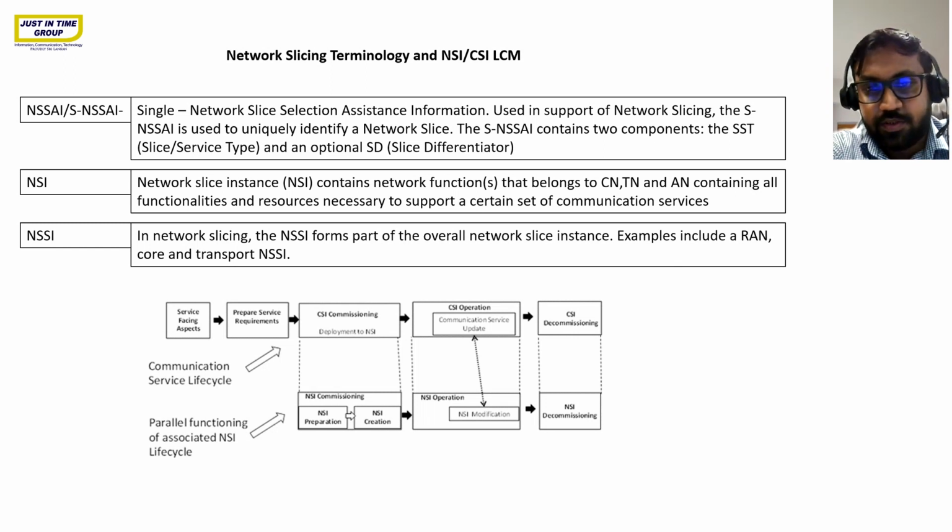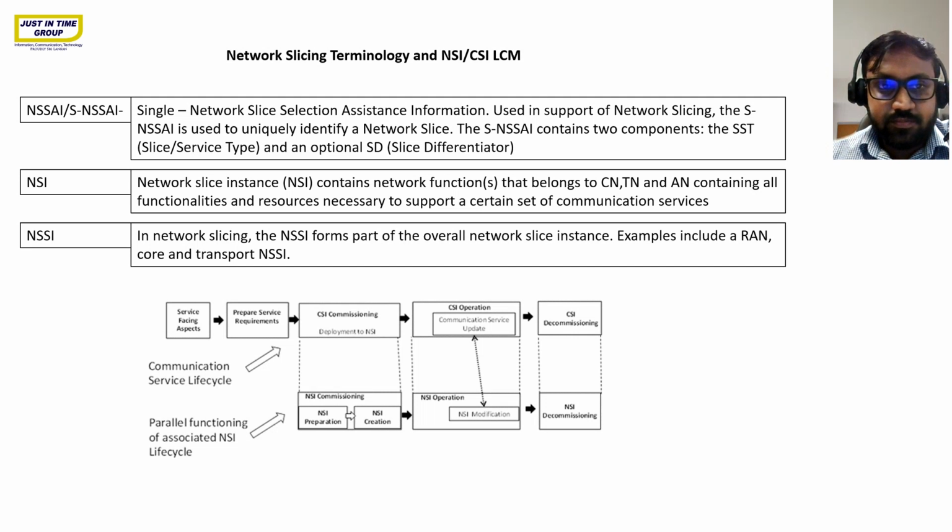Same way in the transport network or core network, based on the domain that you're talking about, we can allocate a network slice subnet instance to that. And network slice selection assistance information, NSSAI: we use NSSAI or single NSSAI to denote or identify a specific network slice. We will explain that in the upcoming slides.